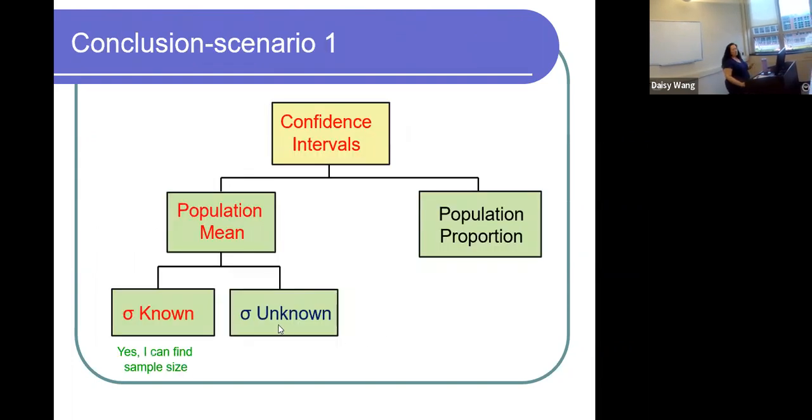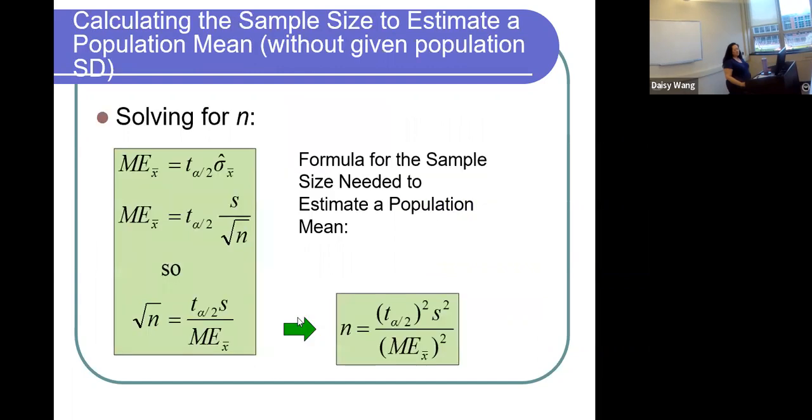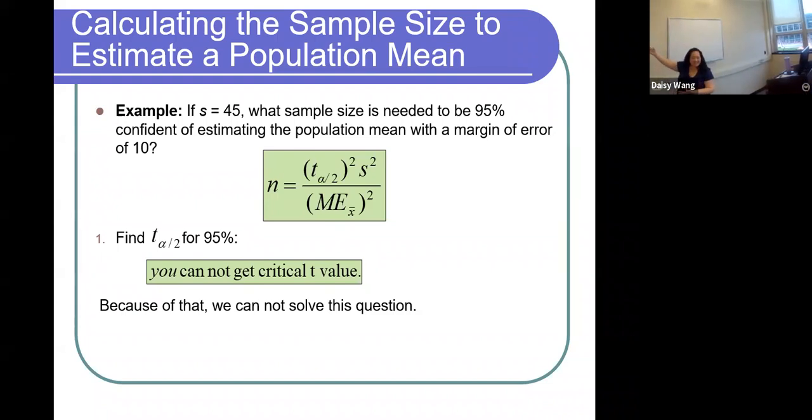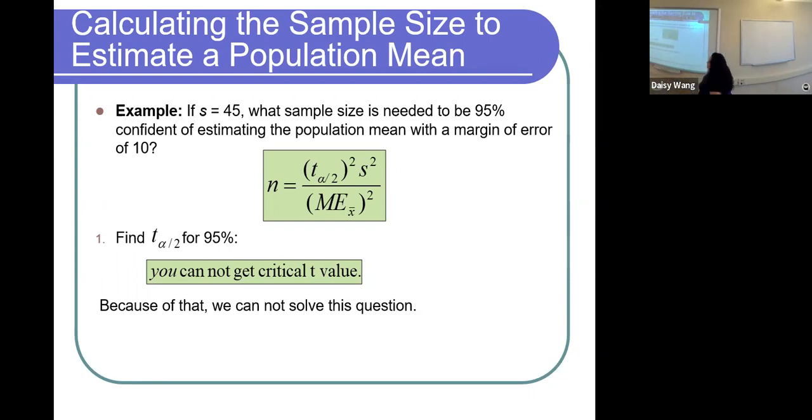And then for this one, unknown, what's the sample size? n will be equal to t squared s squared divided by this, right? But how do we find out t? We have to look at the degree of freedom to find out what t is, and degree of freedom is connected to n. So we can solve this.